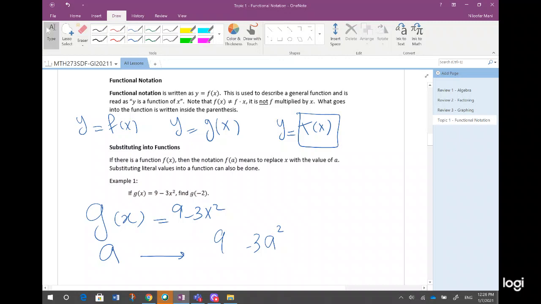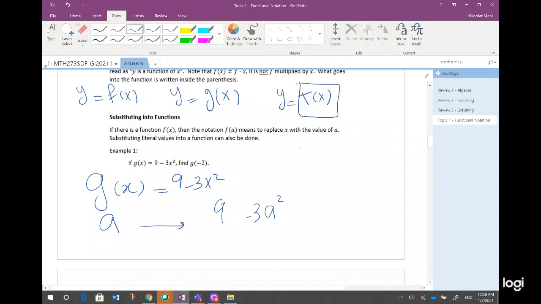So you give me 1. I give you 9 minus 3 times 1 squared, which is 6. You give me 2. I give you 9 minus 3 times 2 squared, which is 9 minus 12, right? Yes, 9 minus 12, so my handwriting, I know, is very bad.